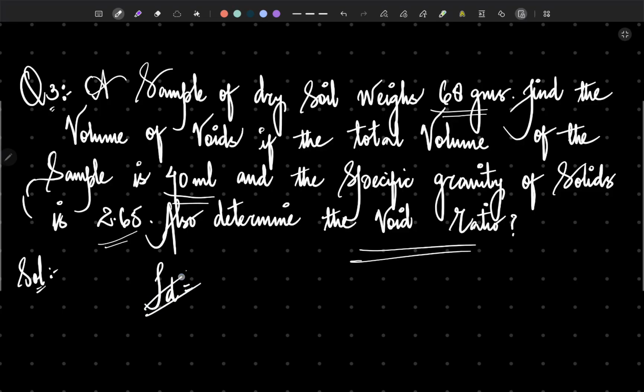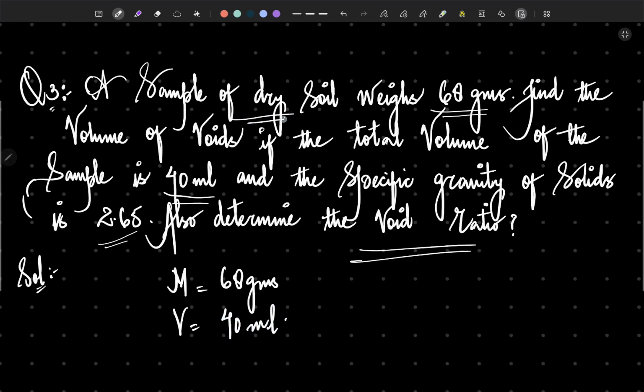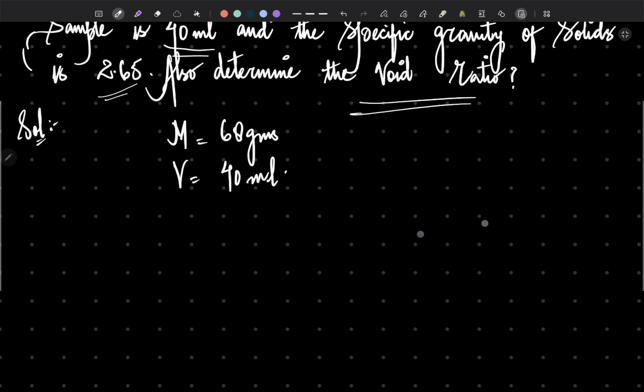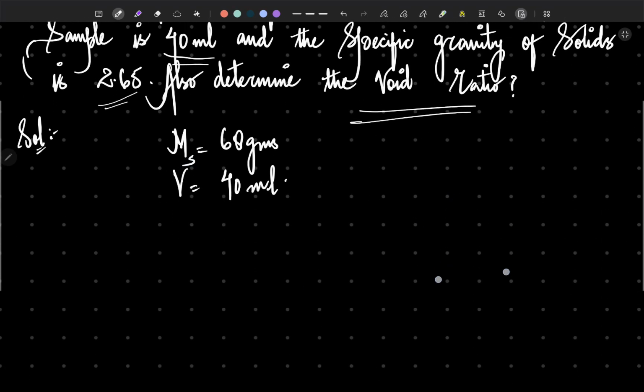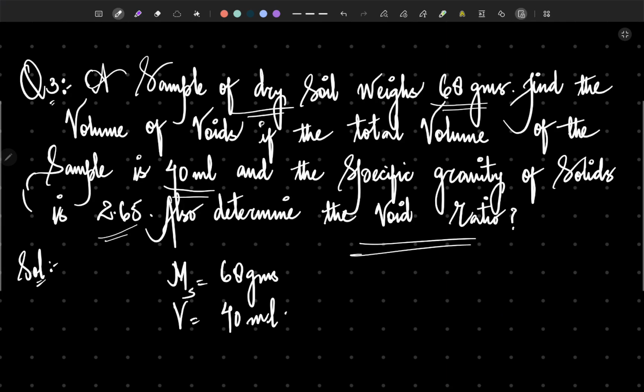All right. So the data being given is weight or the mass, that is 68 grams, and the total volume, that is 40 milliliters. A sample of dry soil weighs, that means this will be the mass of the soil solids because it is given in the question a sample of dry soil weighs.